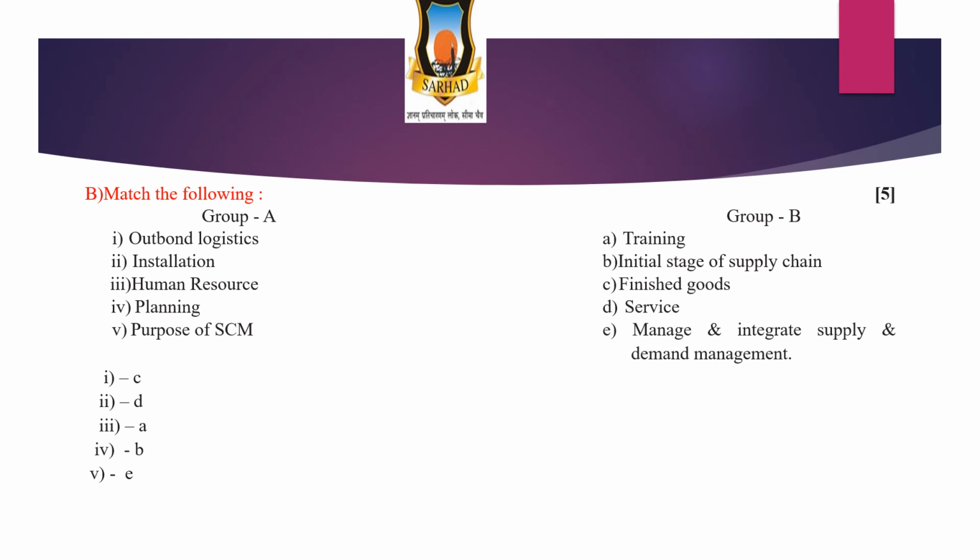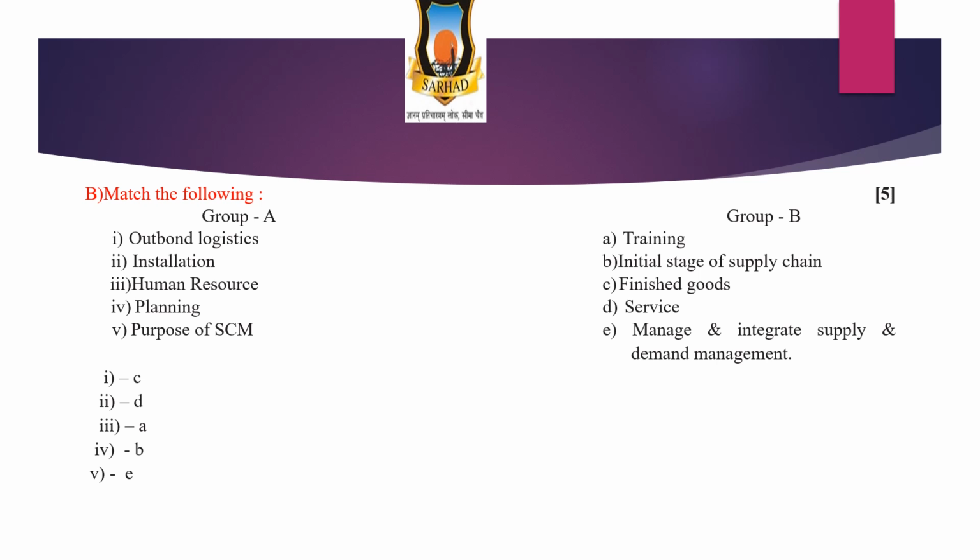The next is match the following. Outbound logistic. The correct option is C, that is finished goods, because the finished goods go out from the industry for further delivery. The second is installation and the correct option is service.